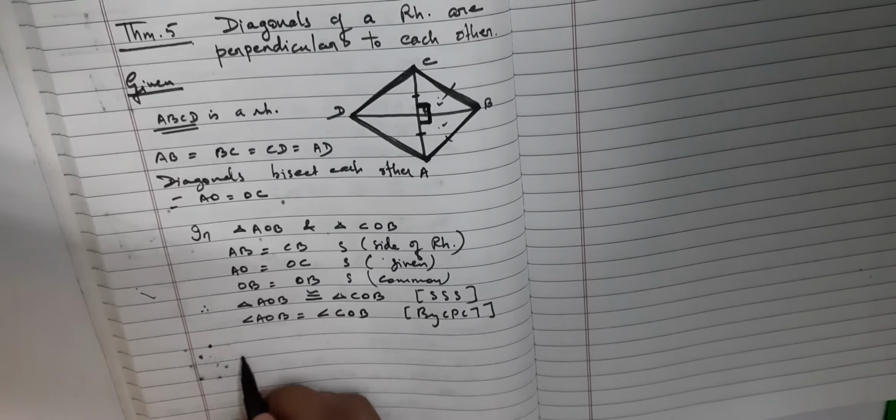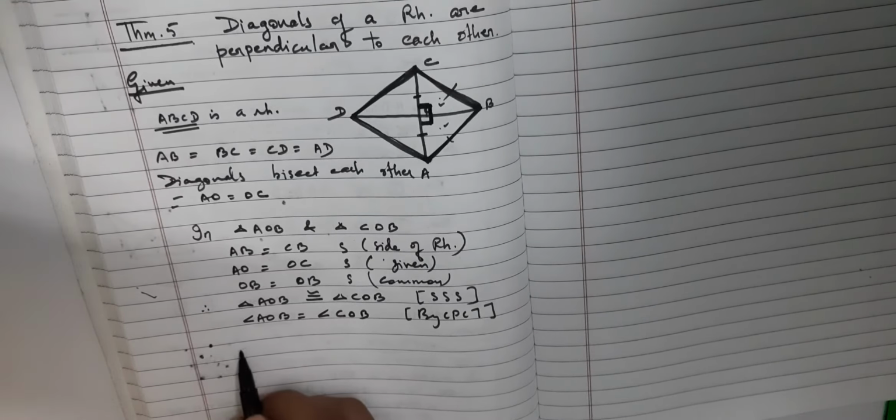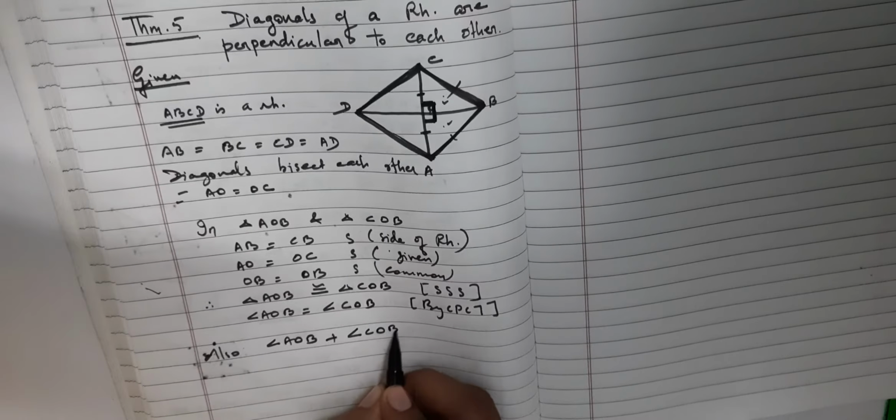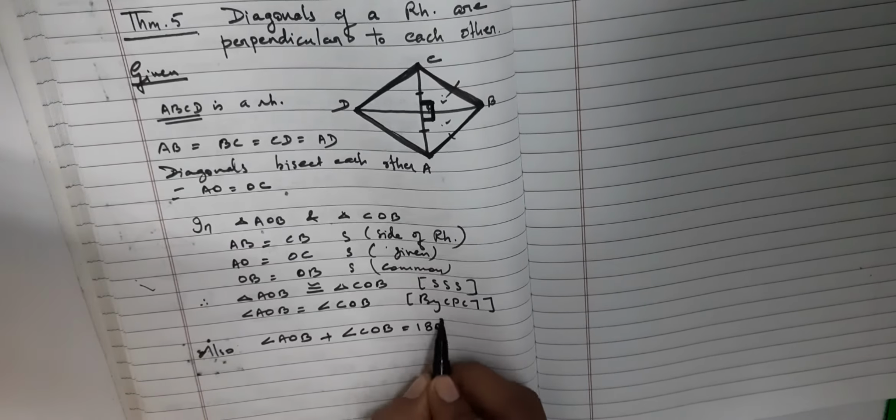Also we can say that these two angles when taken together form 180 degrees. So angle AOB plus angle COB forms 180 degrees, all because of linear pair. You can see here they are creating a linear pair, right?